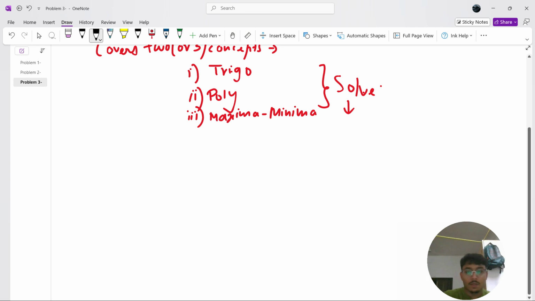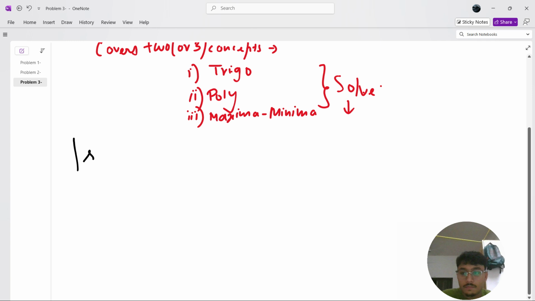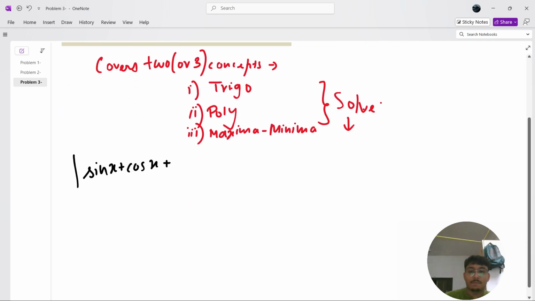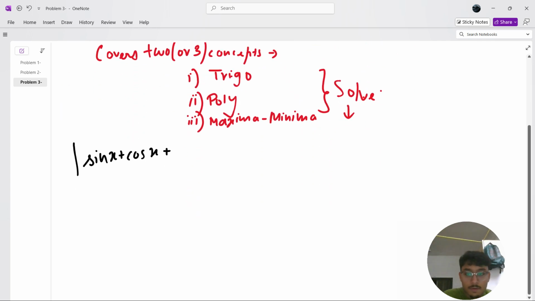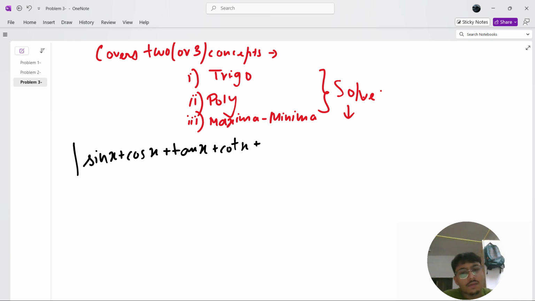So what do I have here? Mod of sin x plus cos x plus tan x plus cot x plus sec x plus cosec x. I'll consider this to be mod of f of x, a function of x.